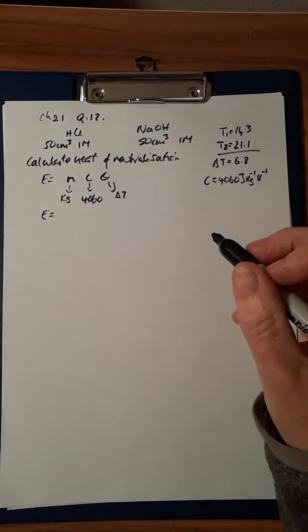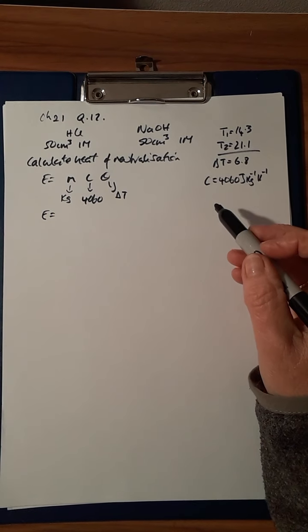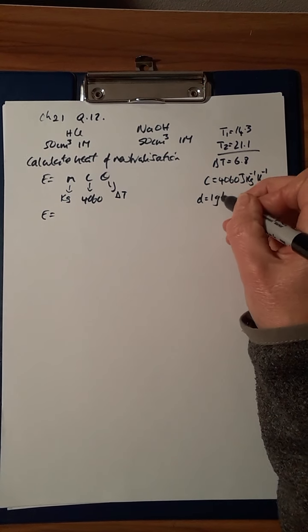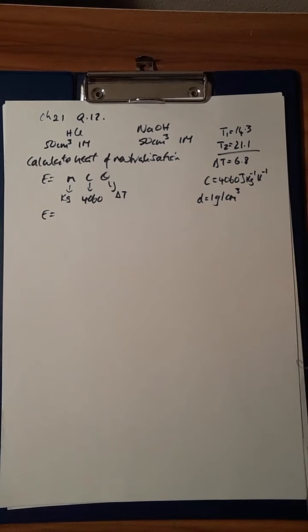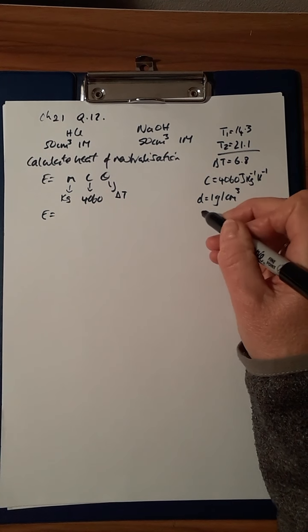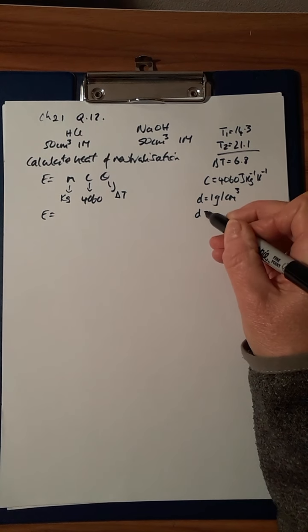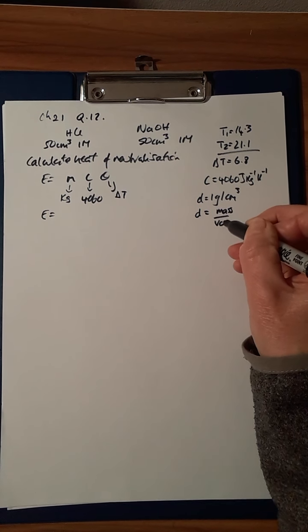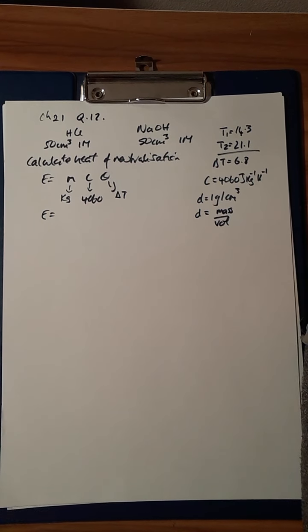The other thing that you're told in the question is that the density of the resulting solution, when you mix the acid and base, is 1 gram per centimetre cubed. So when you mix this acid and base, you have 100 centimetres cubed. So the density is mass over volume, and your volume for this experiment is 100 centimetres cubed.